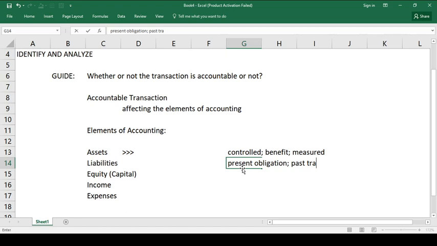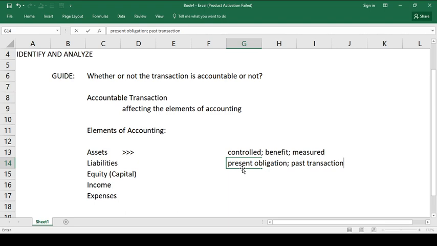Umutang ka before, that is the past transaction, that's why you have an utang today. Hindi po pwedeng nagkaroon ka ng utang ngayon na wala ka namang ginawang transaction before. So it is very logical lang naman, no? That a present obligation that resulted is coming from a past transaction.